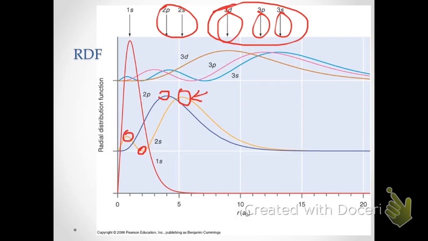Again, somewhat counterintuitive, but again, you'll notice that the 3s has several maxima. It actually has 3. For the 3s orbital, there's a maximum here, there's a maximum here, and there's a maximum here. For the 3d orbital, there's only one maximum here.